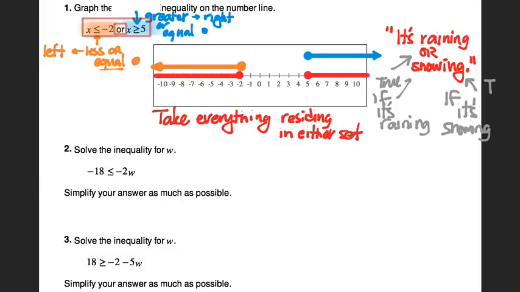So the final answer to this problem that asks us to graph this compound inequality is going to be that red sketch on the number line. We graphed the pieces individually, but then our final answer has to be a single sketch. And because we're ORing these two intervals together, that single sketch has to include everything that resided in either of the two original pieces.